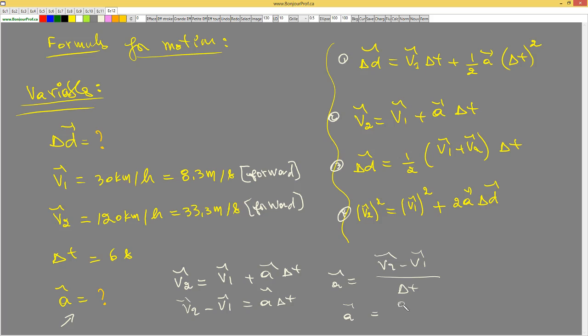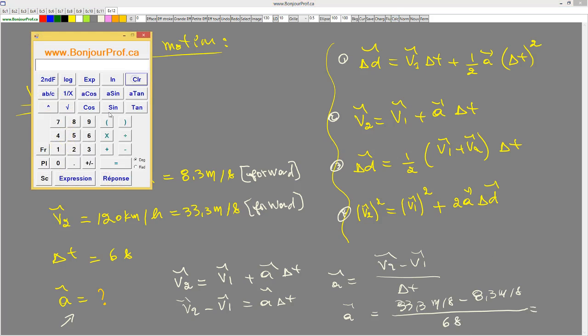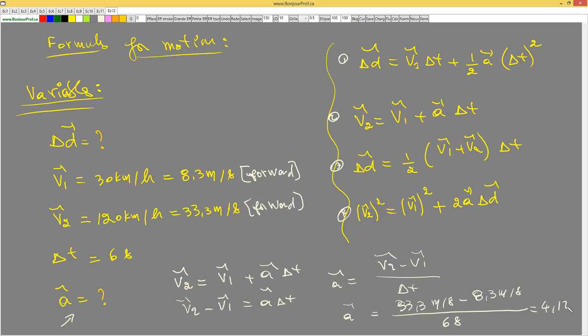So we have 33.3 meters per second minus 8.3 meters per second divided by 6 seconds. 33.3 minus 8.3 divided by 6 gives me 4.17 meters per second squared.